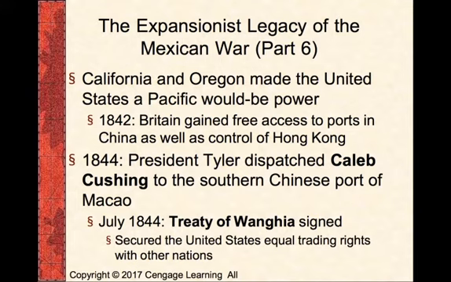In 1844, President Tyler dispatches Caleb Cushing to the southern Chinese port of Macau, and also gets the Treaty of Wanghia signed, which secures the United States equal trading rights with other nations.